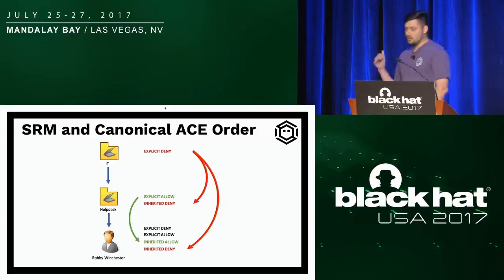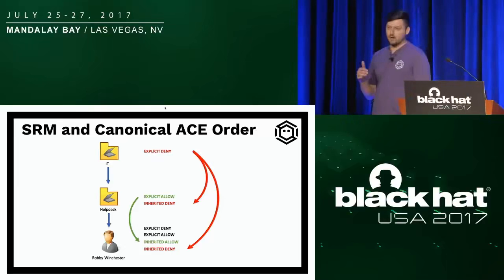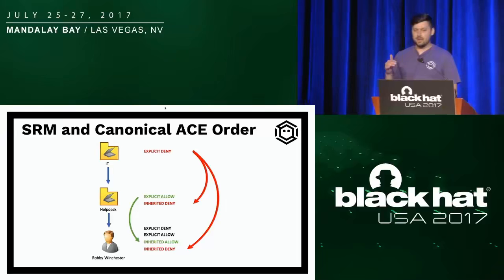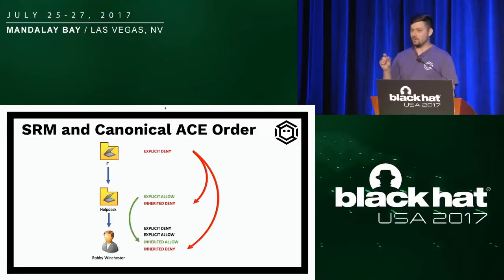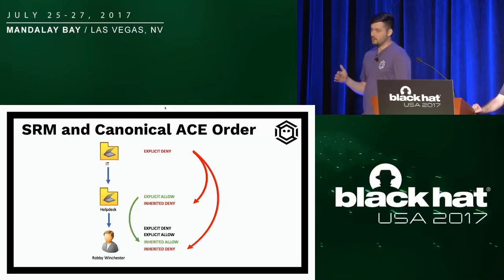Now, because the OU called help desk is generationally closer to the Robbie user than the OU called IT, the ACE that it inherits from its closer OU parent is the one that is canonically higher in the DACL. Finally, if we define explicit ACEs, those also override inherited ACEs.